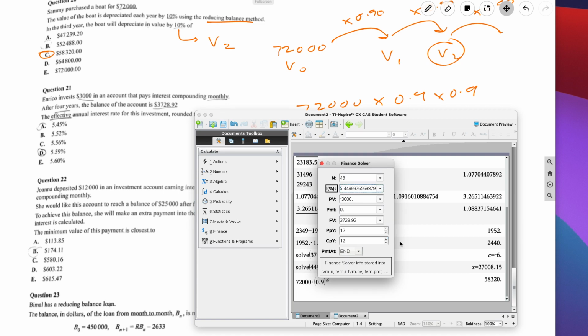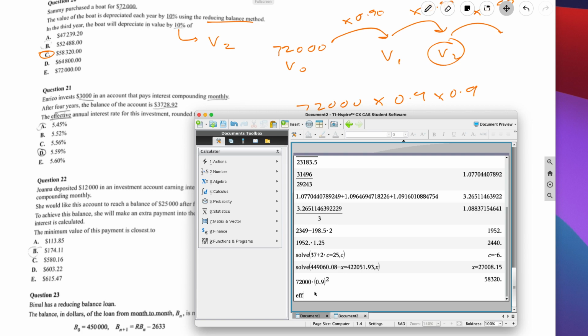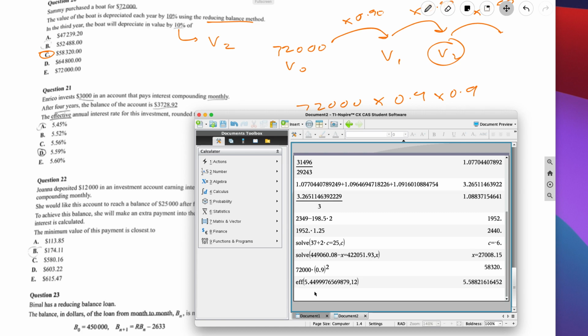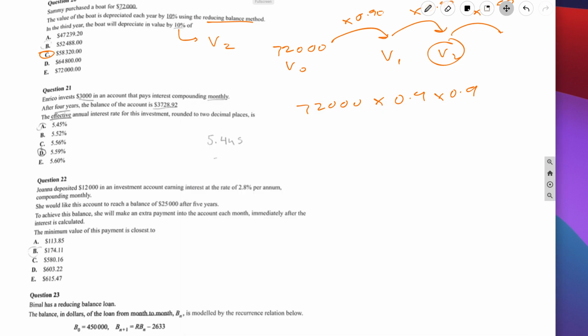So it's 5.45% nominal. That's why A is there as an option. But then we have to dump that into the R effective. So I'll just copy that. We'll come down here, EFF, we put in the nominal rate, we put in the compoundings per year, and it adjusts, and it's 5.59. There we go.